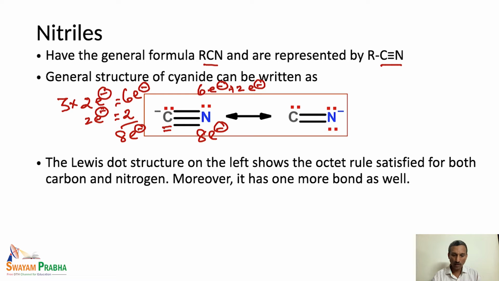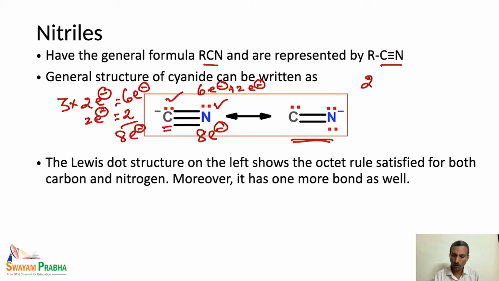So in this species, when the carbon is having a negative charge, we have the octet rule satisfied for both the carbon atom and the nitrogen atom, and also we have 3 bonds present in this particular ionic species. But if you look at the ionic species on the right hand side, the carbon is having 2 electrons and 2 bonds.